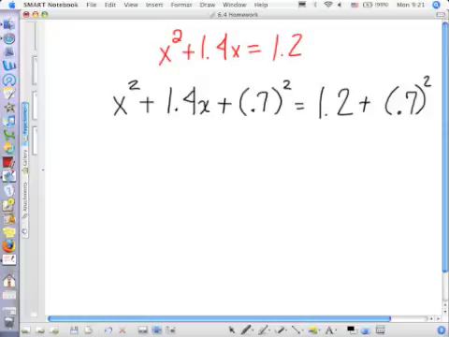Reese, what does this left-hand side factor down to? Why don't you know? This is like the 6th, 7th problem we've done. We always do the same thing at this point. You haven't been paying attention.